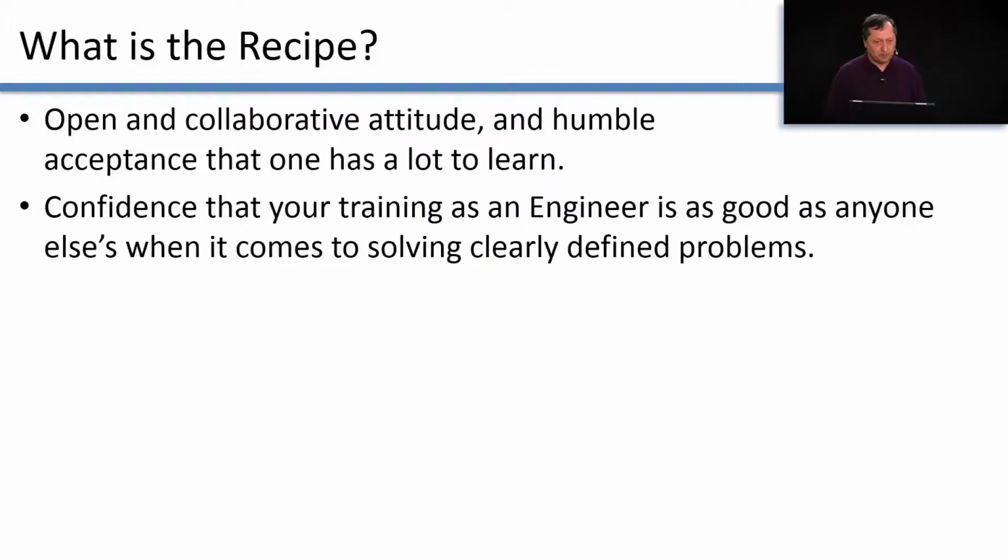You have to be open, you have to be collaborative, and most importantly, humble. You are going to talk to people who know more about this area than you ever will. You have to be convincing to them to tell them, I can help you. I can do something that will perhaps help you, and maybe convince them I'm smart enough to help you. I have some background that would be useful.